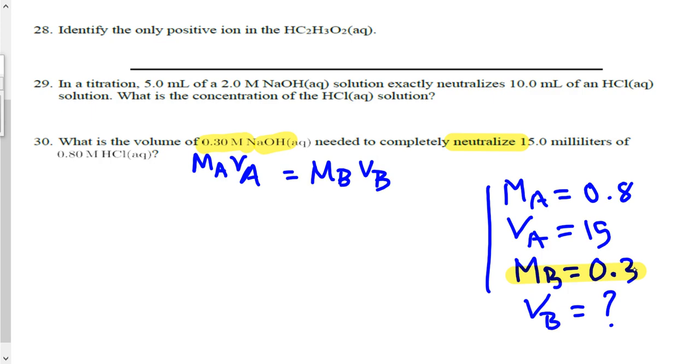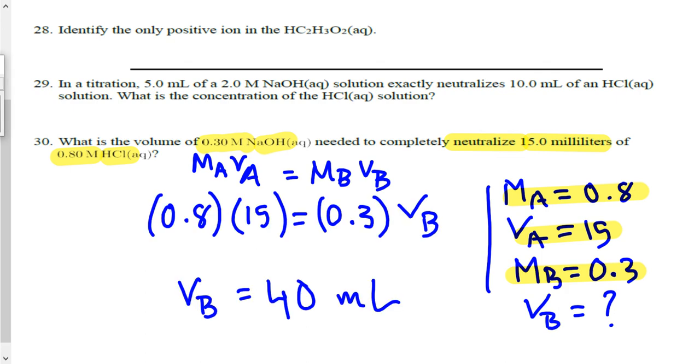Then we have 15 milliliters of 50 milliliters. So that must be the volume of the acid because it says HCl. And then we have 0.8 molar HCl, so that must be the concentration of the acid. All we are left with is the volume of the base that we need to figure out. Plug in all the given in your equation and solve for VB.